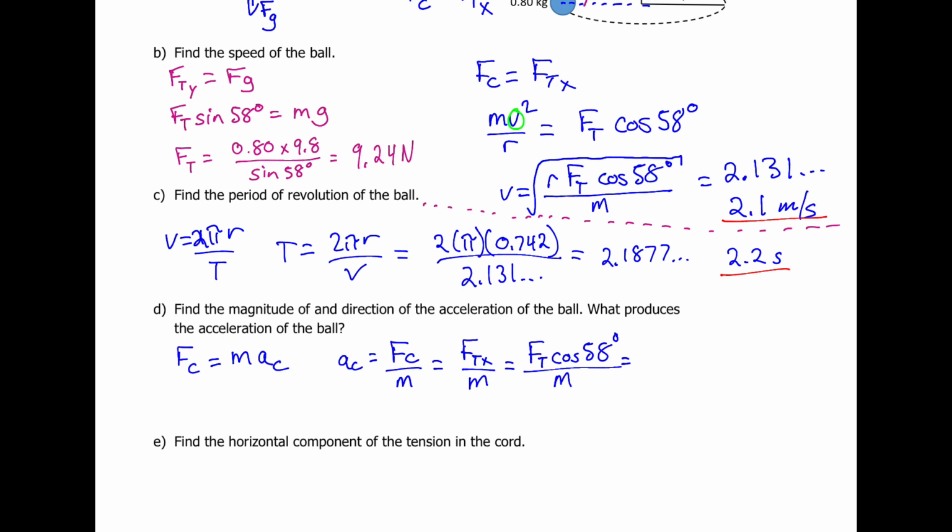So FT was 9.24. Cosine 58 over 0.80. Let's do this one.